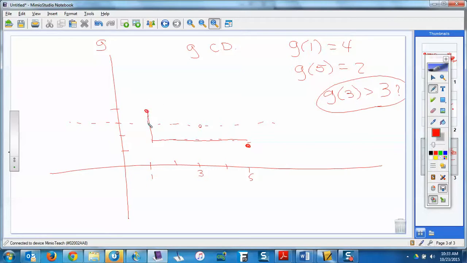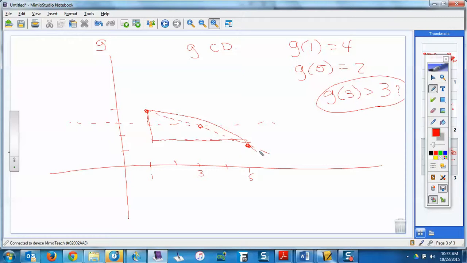So if we go down 1, we go over 2. That point, G of 3, would be right on that line. What's the concavity of a line? There isn't any. It is not concave either way. So if a graph is concave down, it's got to curve above this line.